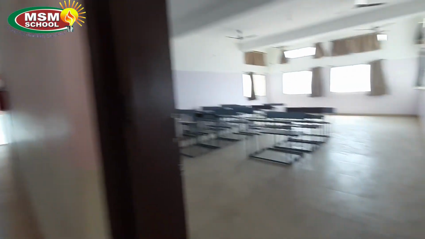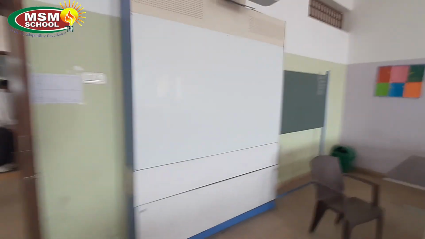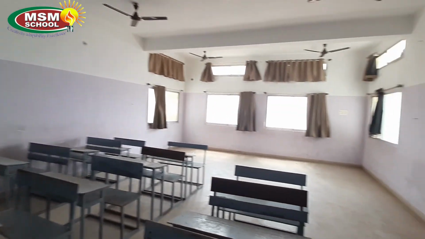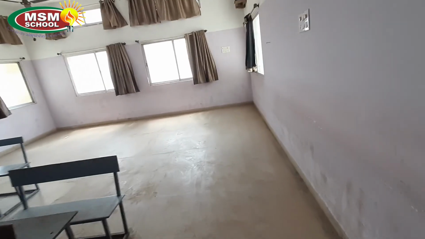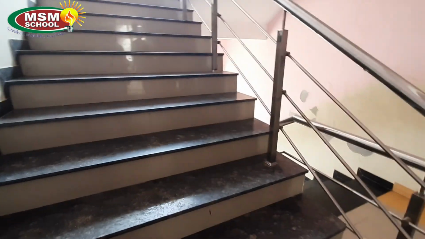So this is a digital board classroom again. And you see, we have got enough space in the classrooms to perform activities, and CCTV is there in each classroom. Now we are climbing up the staircase to the second floor.